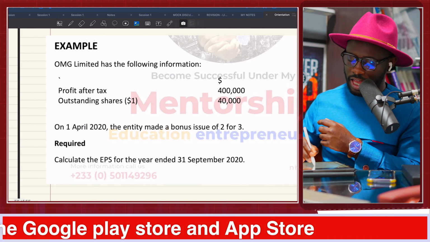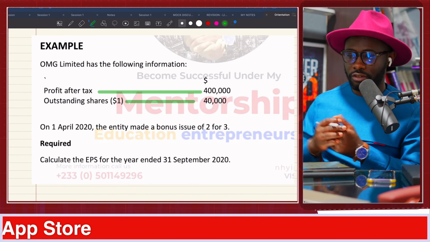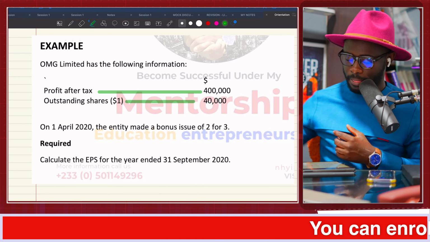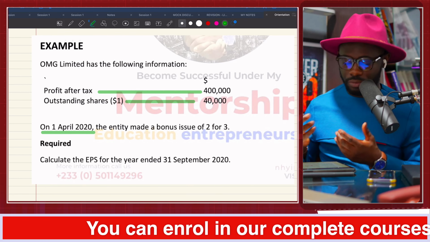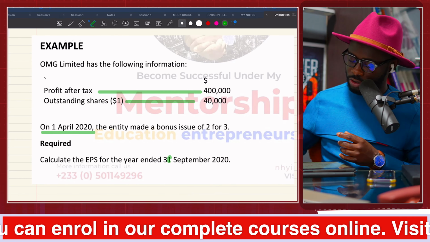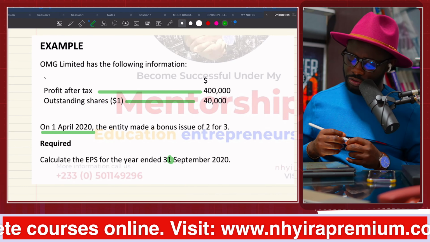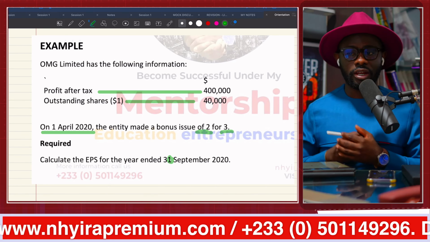Profit after tax has been given to us to be 400,000. Outstanding shares 40,000. Pretty simple in this particular regard. On 1st April 2020, now stay with me, this should be 30th September. On 1st April 2020, the entity made a bonus issue of 2 for 1.